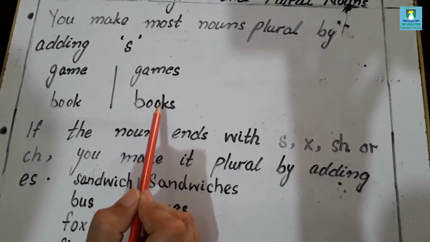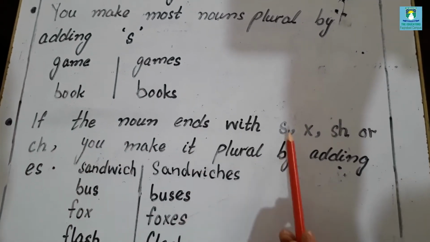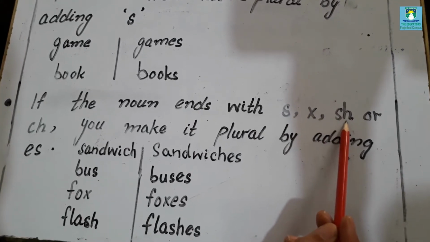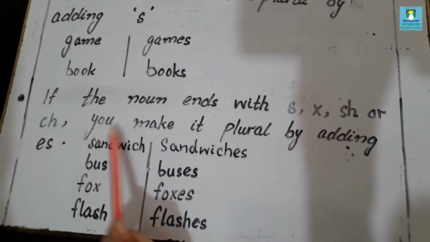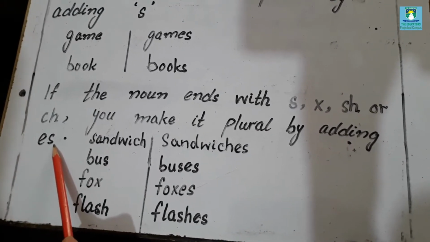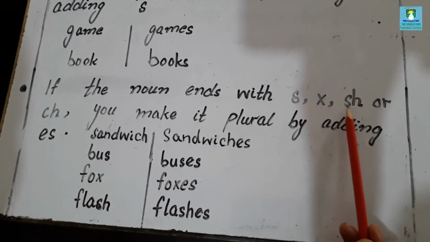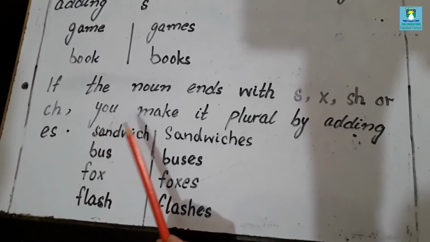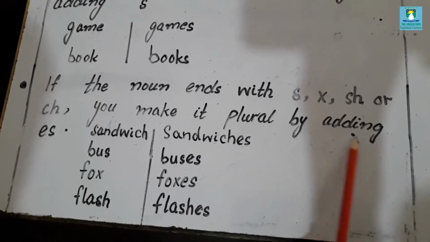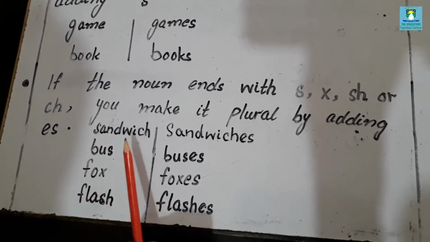The second rule is, if the noun ends with s, x, sh or ch, you make it plural by adding es. Those nouns ending with s, x, sh or ch can be made plural by adding es, not only s but es. For example, sandwich.